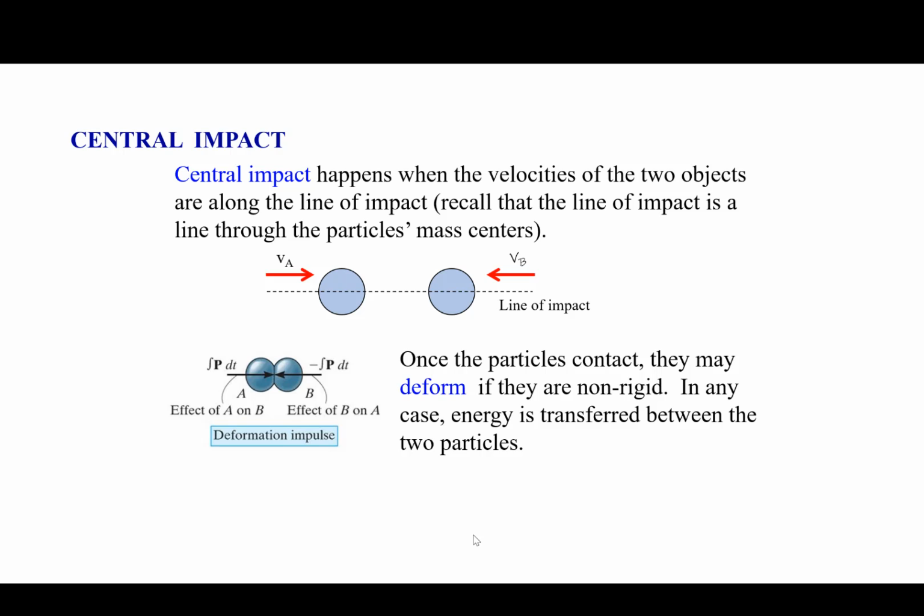If I have two cue balls and they hit, nothing really happens to the cue balls, right? But we've seen slow motion pictures, and I've got GIFs here in just a second that are going to actually show it. If I've got two tennis balls hitting, or two basketballs, or two racquetballs, or even two soccer balls, at the point of impact there's going to be deformation of the ball.